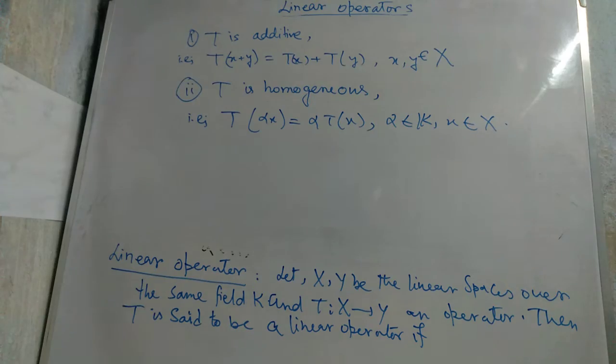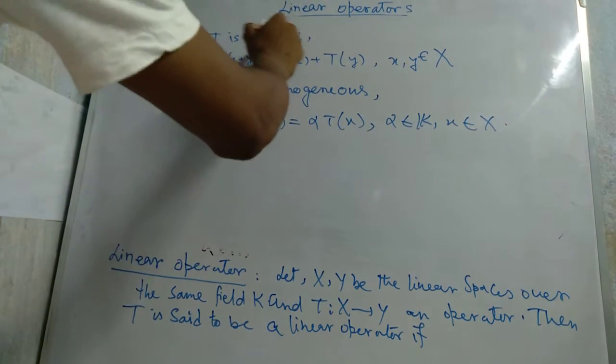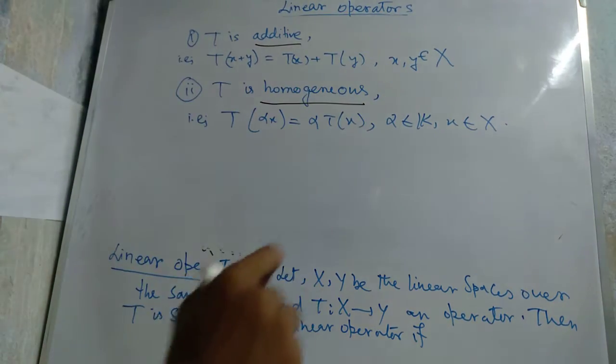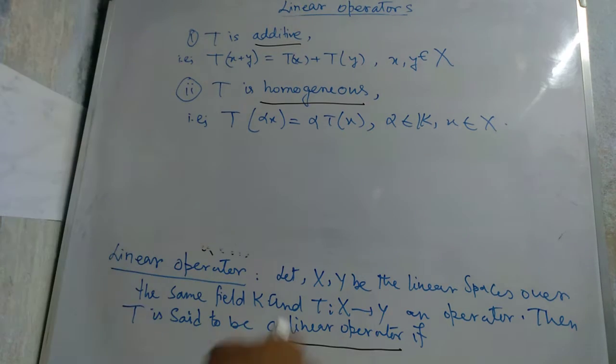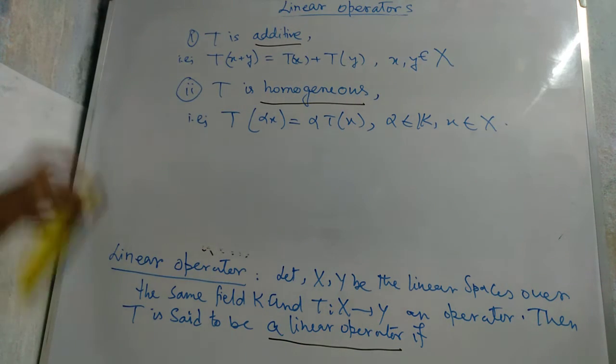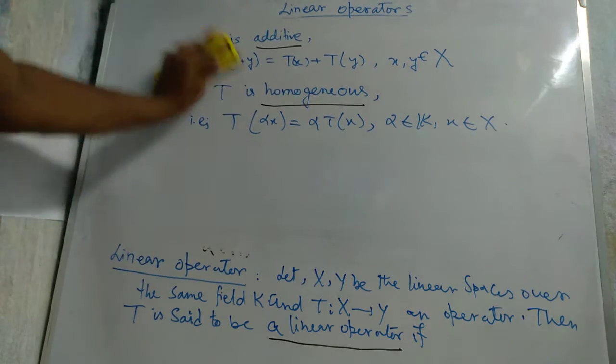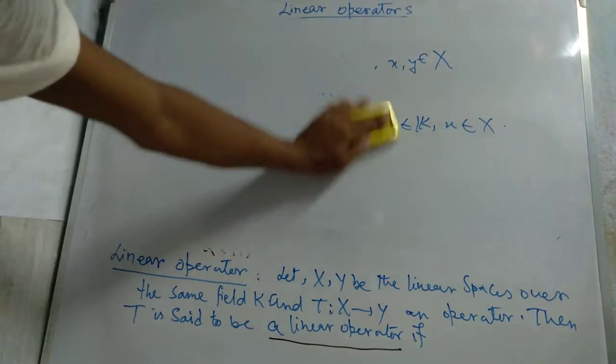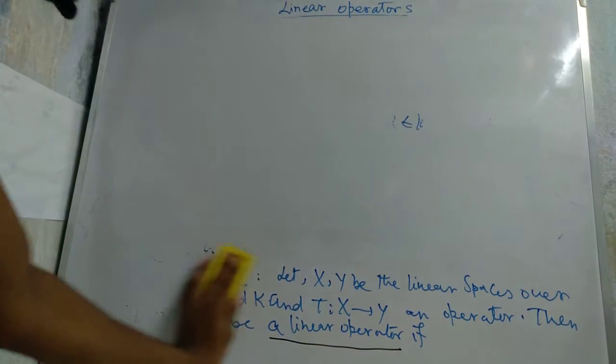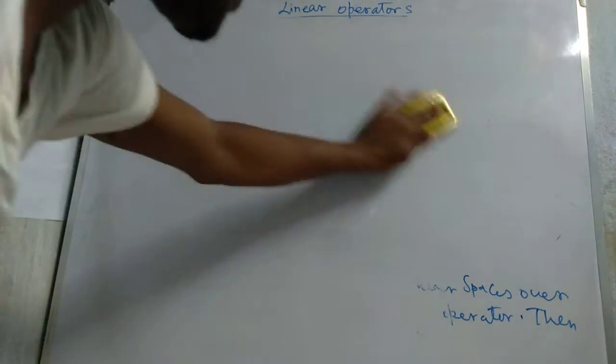If these two properties hold, that means T is additive and T is homogeneous, then T is called a linear operator. An operator means a mapping from a vector space to another vector space, or a linear space to another linear space.